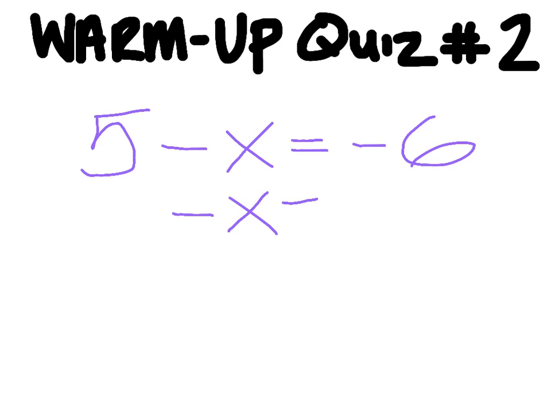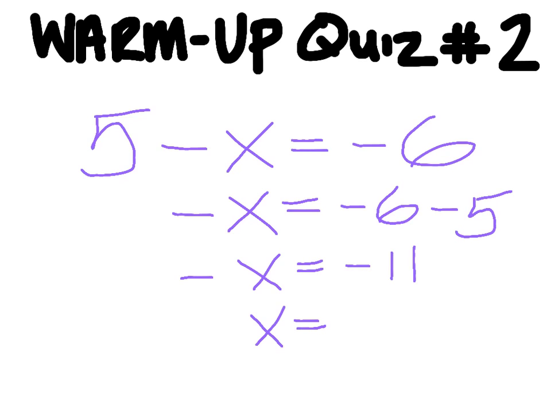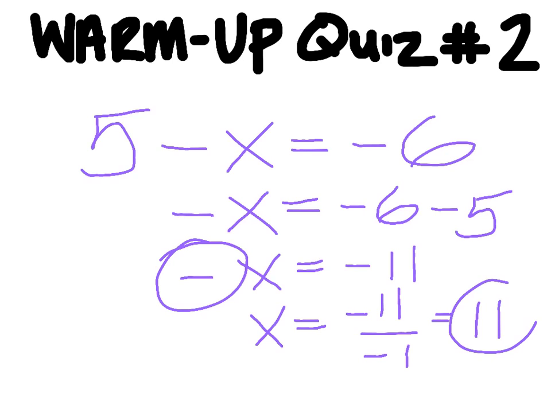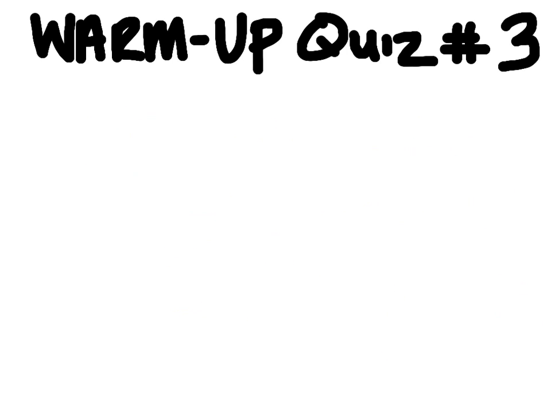It should be negative x equals negative 6 minus 5. That is a negative 11, but you have to divide by negative 1 because of this. So the answer is 11. Number 3. Everybody had that.